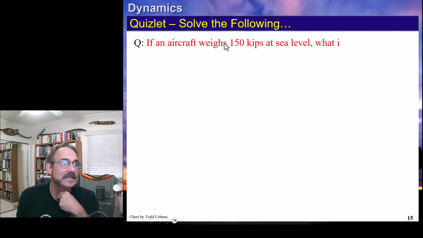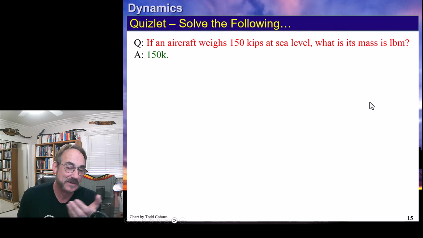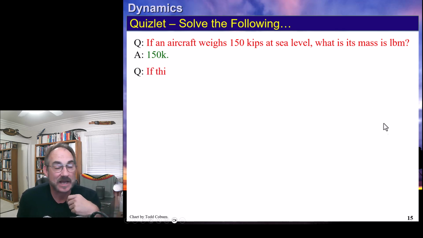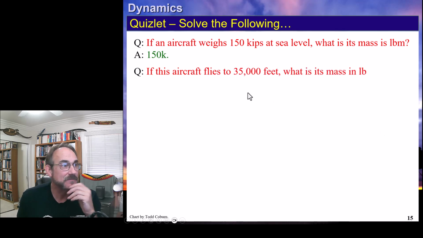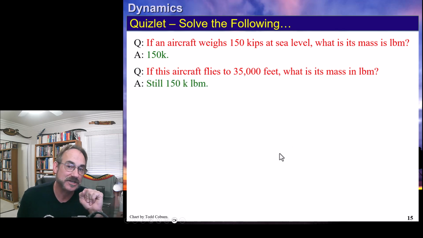Let's say an aircraft weighs 150,000 pounds at sea level. What's its mass in pound mass? Well, pound mass has the same magnitude as pound force, and therefore it's going to be 150,000 pound mass. If this aircraft flies to 35,000 feet, its mass remains unchanged.